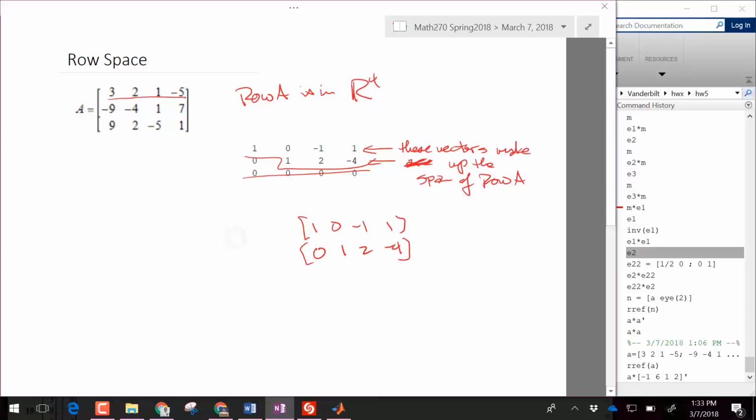But wait a minute. When we did the column space, we went back to the original matrix. So if I take a look at the rows here, 3, 2, 1, minus 5, minus 9, minus 4, 1, 7, shouldn't these span the row space?